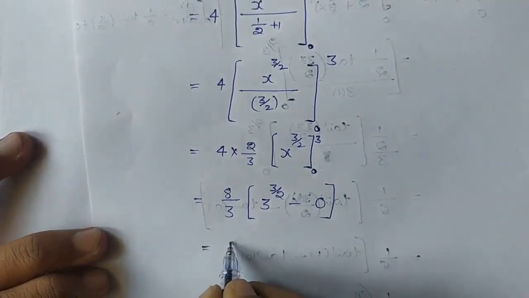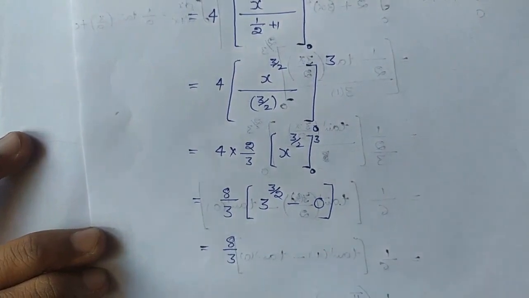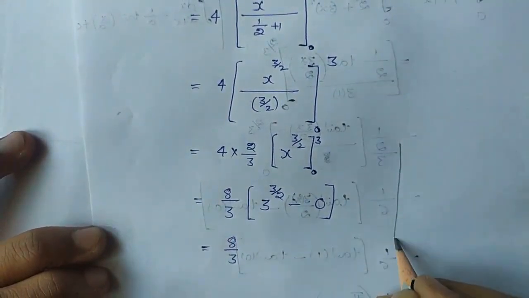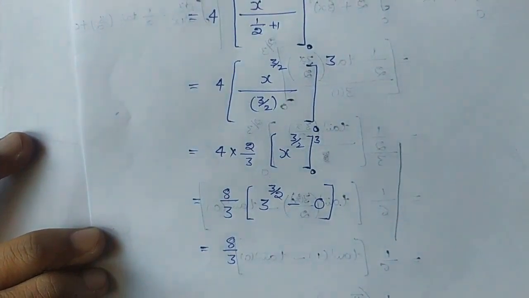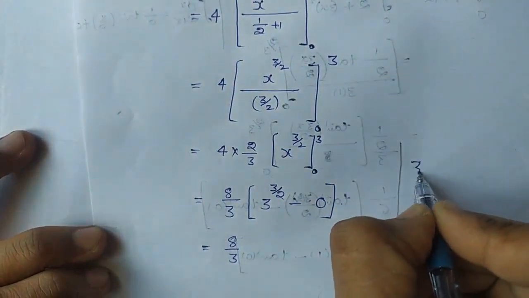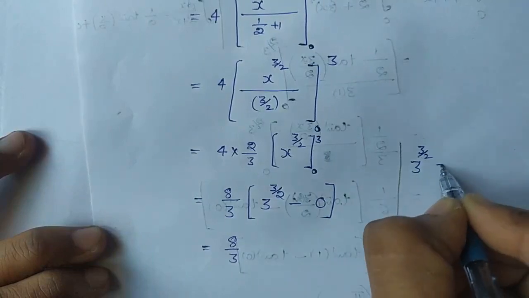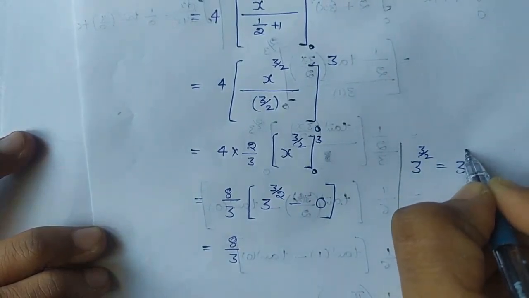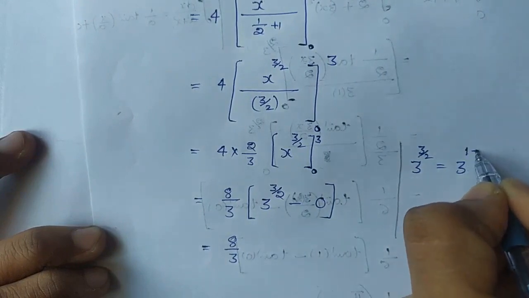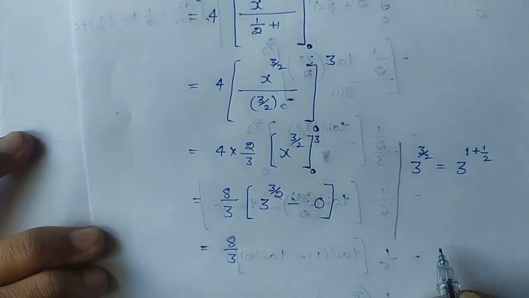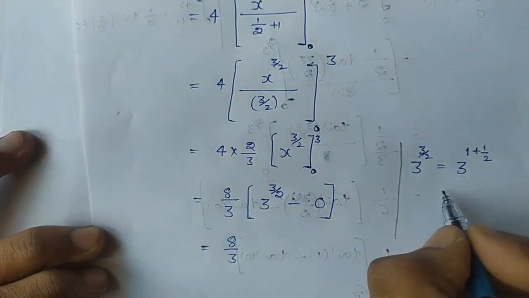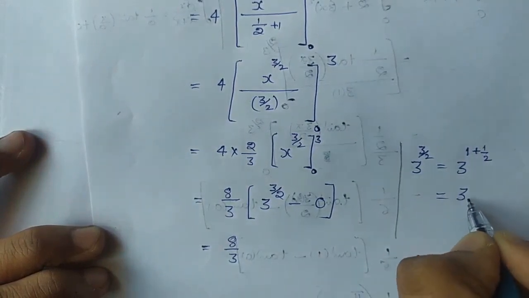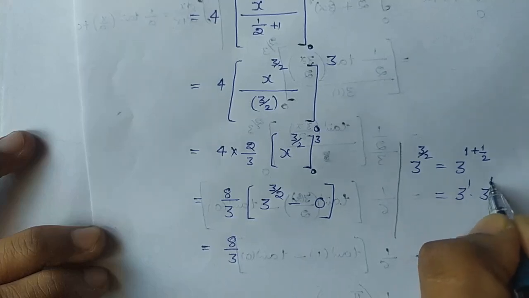That is equals to 8 by 3 into, let us recall the concept of surds what we have learned in our lower classes. 3 power 3 by 2 can also be written as 3 power 1 plus 1 by 2, right? 3 power 1 plus 1 by 2 can also be written as 3 power 1 into 3 power 1 by 2.